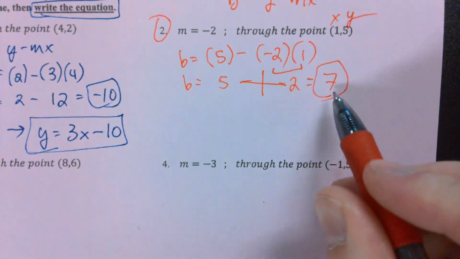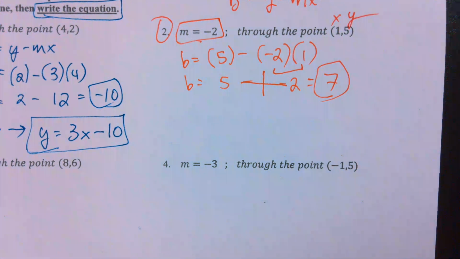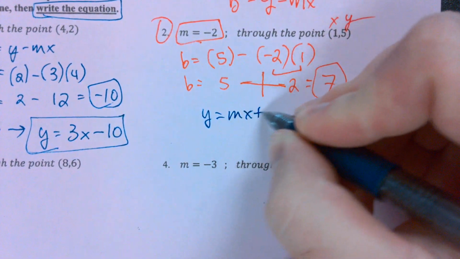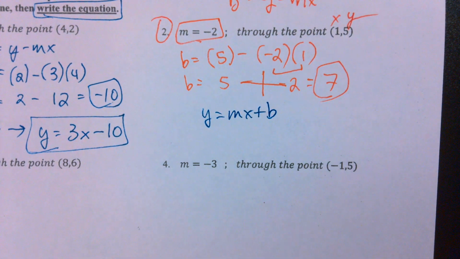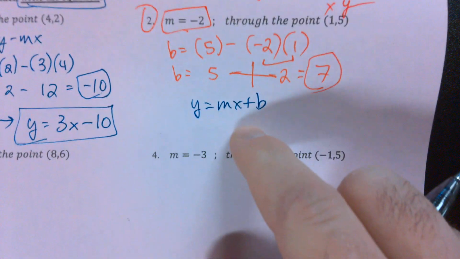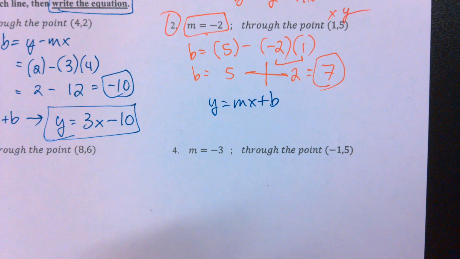Now, with that b value, we're also going to take our m value and plug them into our slope-intercept form. Y is equal to mx plus b. Very similar to the formula we just used to find b, but it's in our correct order of Yo Mama's ex-boyfriend, right?